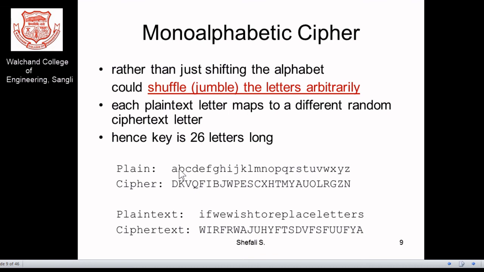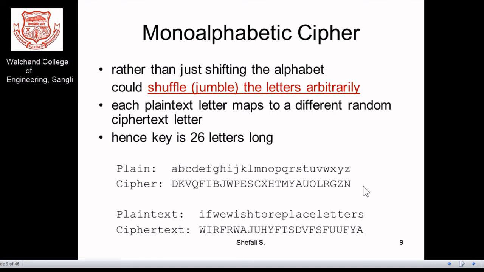Now you have to discard this, so there are 25 remaining options for the replacement of B. If I go for C, then there are only 24 options for the replacement of C. So A has 26 options, B has 25 options, C has 24 options, D has 23 options, and the last has only a single option.